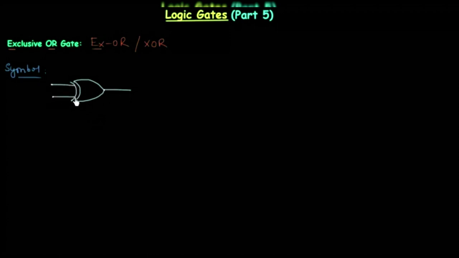Let's take two inputs A, B. The output is Y. So Y is equal to A XOR B. Now there is one thing that you should notice, the representation of XOR. If you remember the OR gate, we represented OR symbol like this, A or B, simple plus sign, but in case of XOR we will put this plus sign inside the circle.